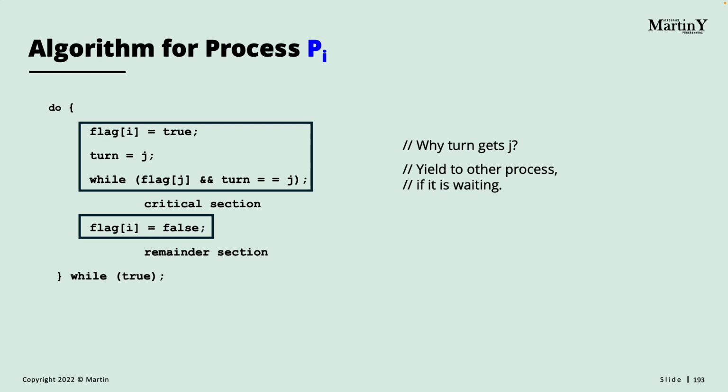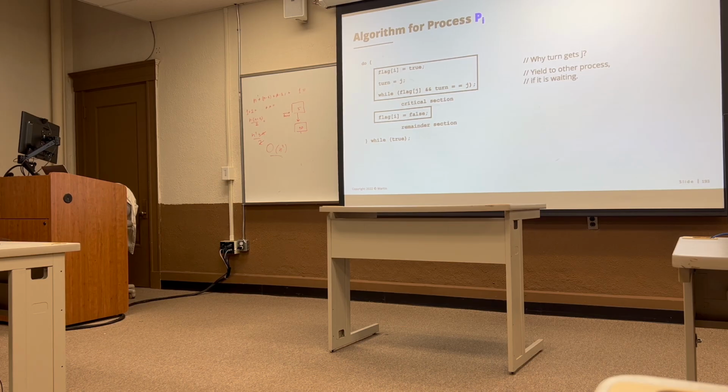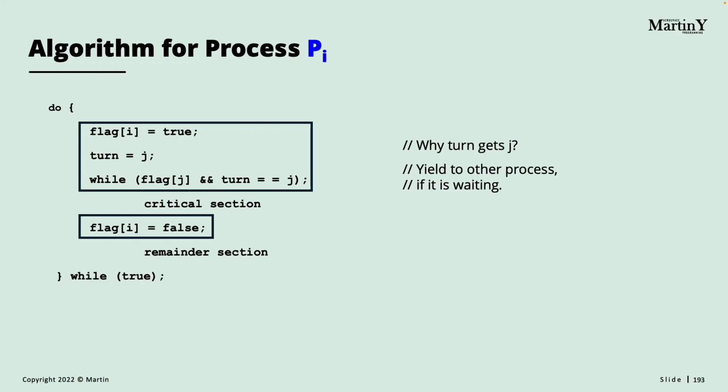And even if it did, it would still give the turn to the other process, right? So the only way that one of the processes goes to the critical section is if the other process releases the critical section and lets the other process go there, because only the other process can set the turn to the first one. Only i can set the turn to j.